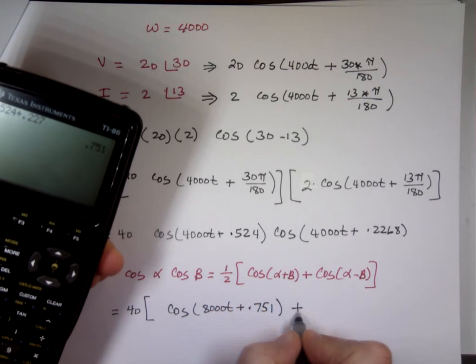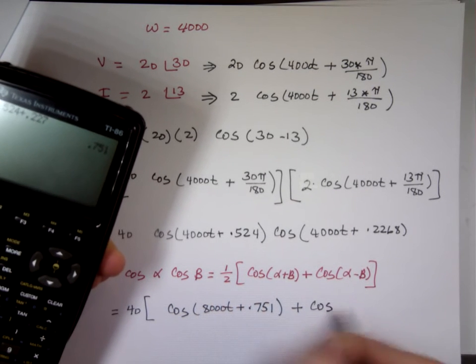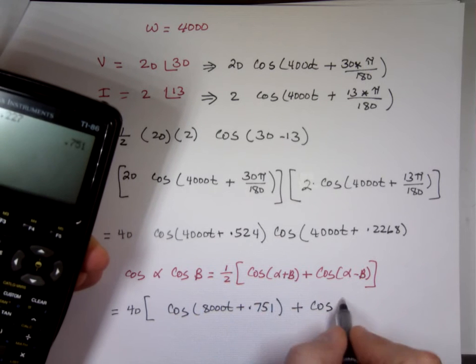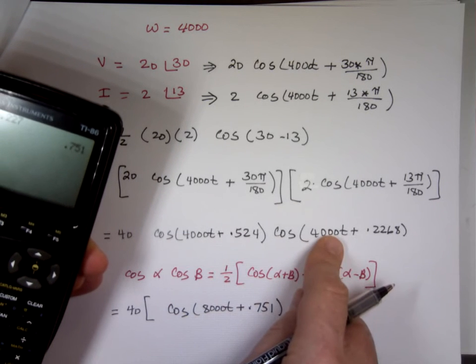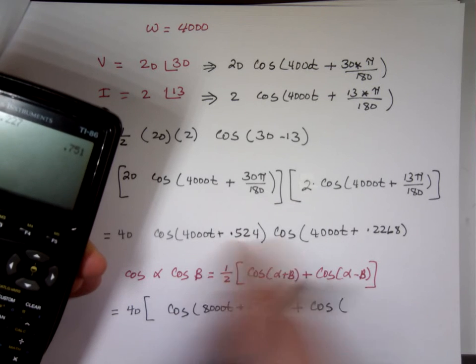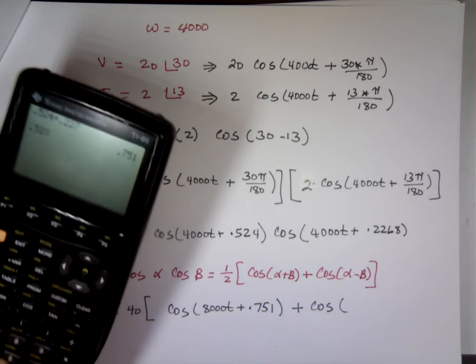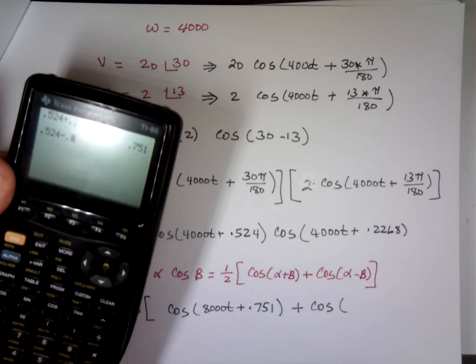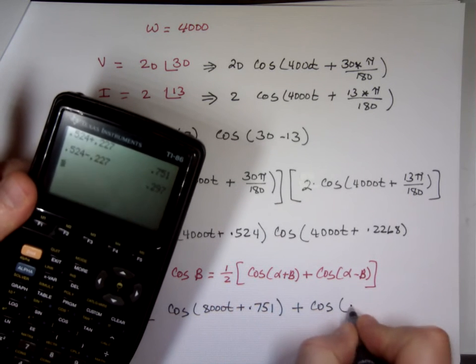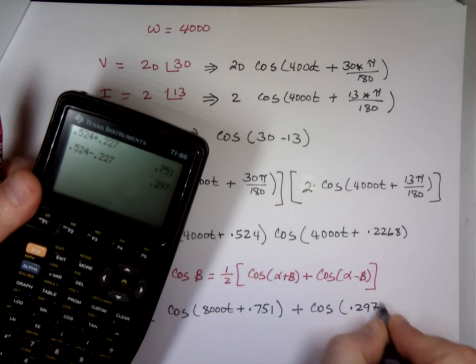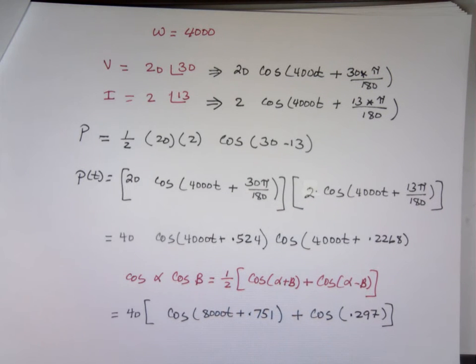Plus cosine of alpha minus beta. This is alpha, that's beta. Subtract them: 4,000 minus 4,000 is gone. 0.524 minus that number is 0.297.